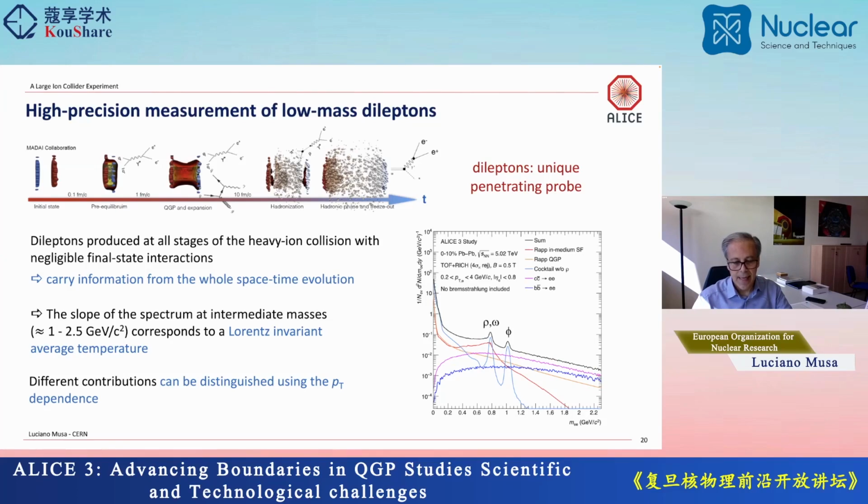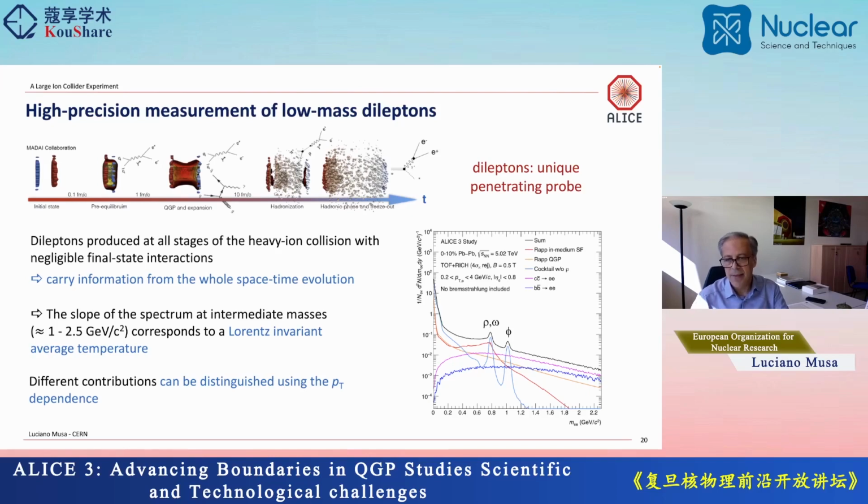So the idea is that the inverse slope of the invariant mass spectrum provides a Lorentz invariant temperature that is essentially insensitive to the expansion of the medium. And therefore, it's a true measurement of the average temperature.